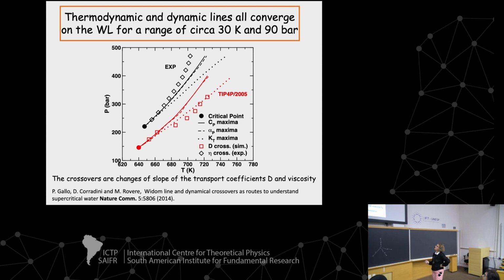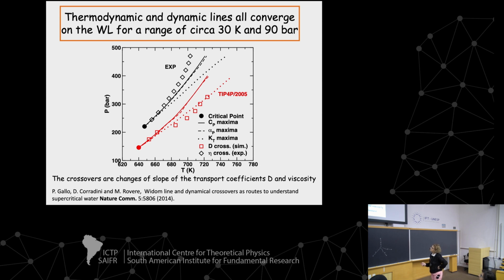Squares are crossover from the simulation in D, and the diamonds are crossover from experiment in eta, and crossovers are changes of slope of the transport coefficient in D and in viscosity.